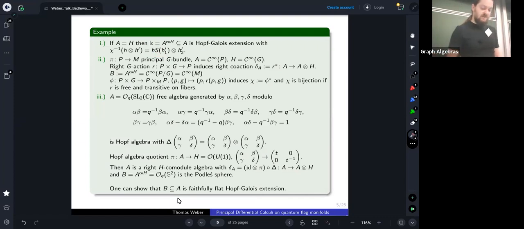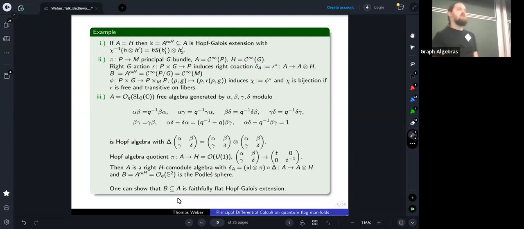The next crucial example is from differential geometry, where we take a G principal bundle. Here A will be functions on the total space, H functions on the structure Lie group. And we have a right G action, and the pullback of this action will give you a coaction.